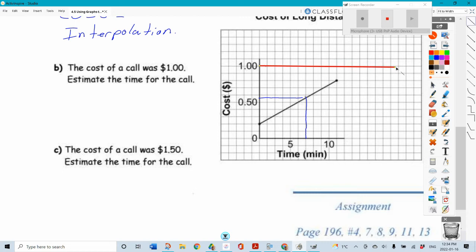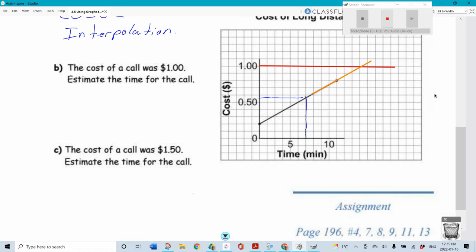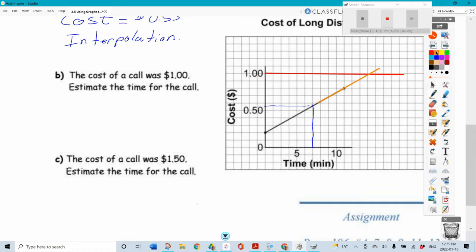Now, I need another line to extend my graph. I'm going to start back here a little bit so I can make sure that I'm on my line, and now this is what I've got. When I extend these two, I get a point right here.